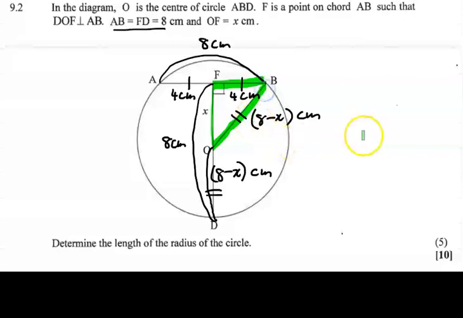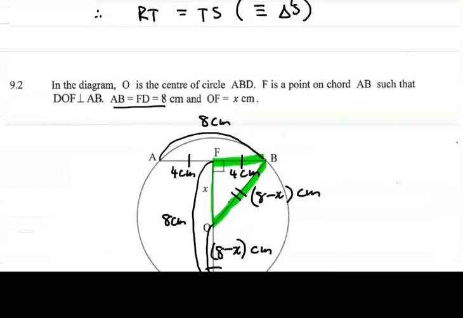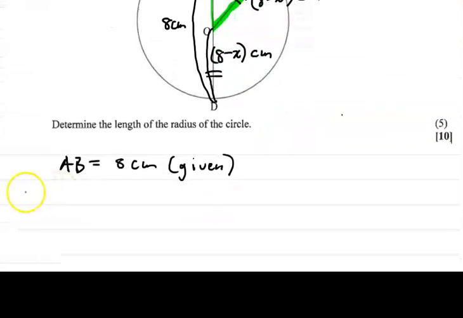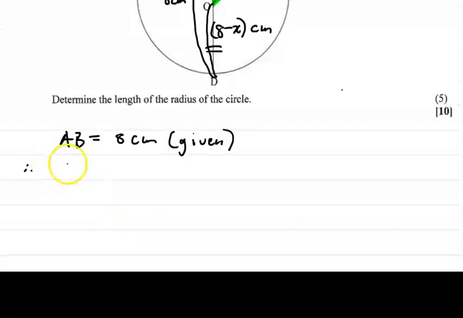We can now use the theorem of Pythagoras to set up an equation and solve for x here. So AB equals 8 centimeters, and that was given to us. Therefore, what can we now say? Therefore, we can say AF equals FB, and that's equal to 4 centimeters.